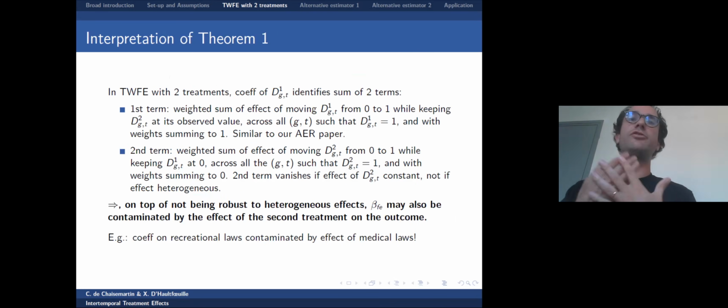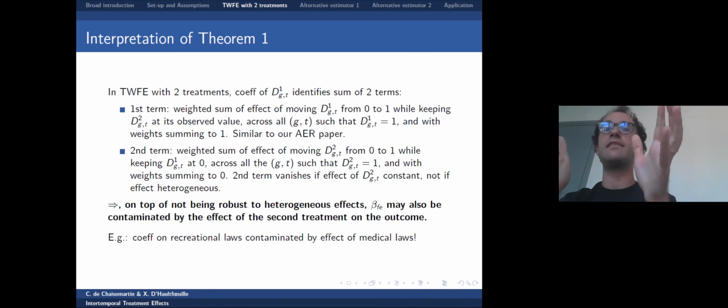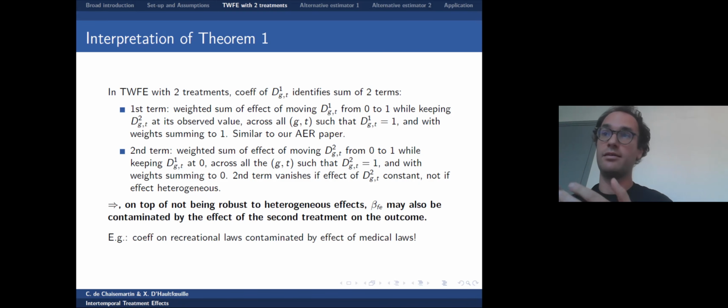And so that shows that two-way fixed effects regressions with two treatments, on top of not being robust to heterogeneous effects, which was already the case with only one treatment in the regression, now the coefficient on the first treatment can also be contaminated by the effect of the second treatment on the outcome. You think that you're measuring the effect of recreational laws, controlling for medical laws, but you are actually, to some extent, not only measuring the effect of recreational laws, but also the effect of medical laws. Okay, you have this contamination phenomenon that's new.